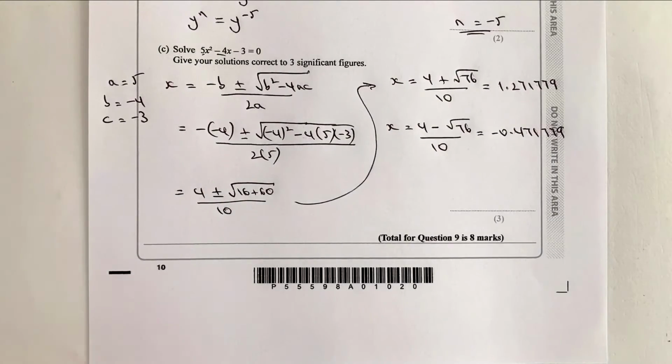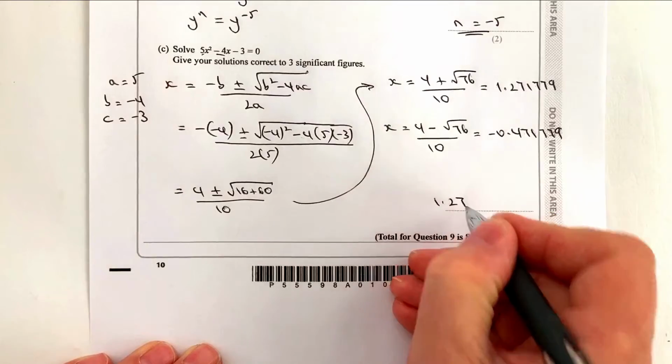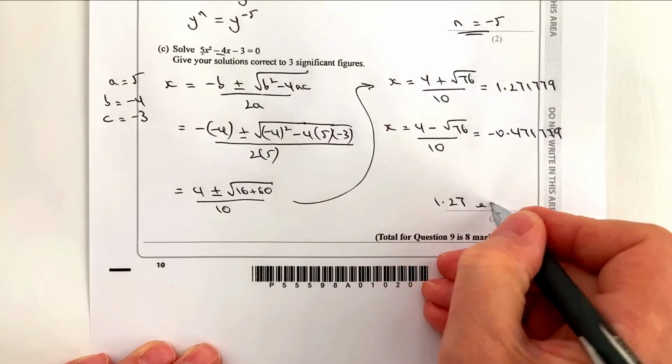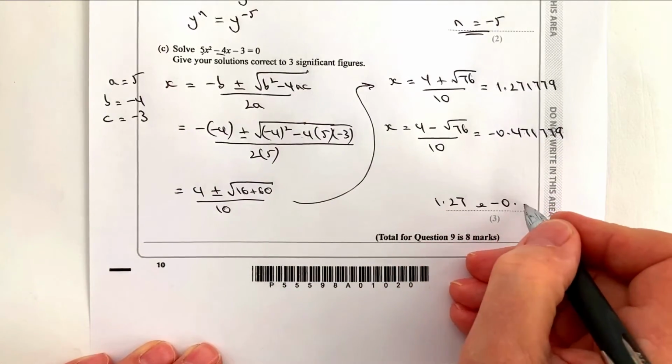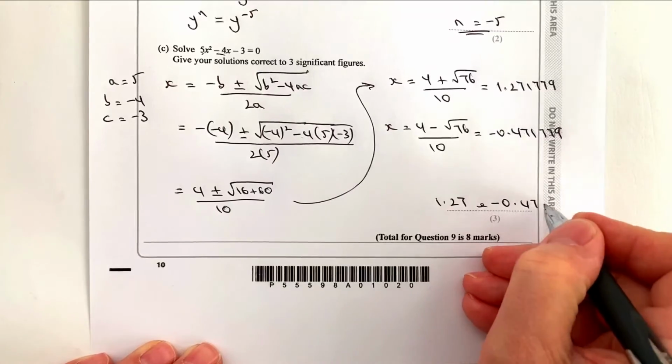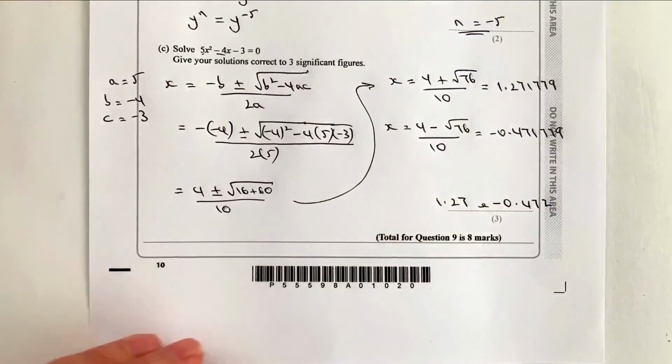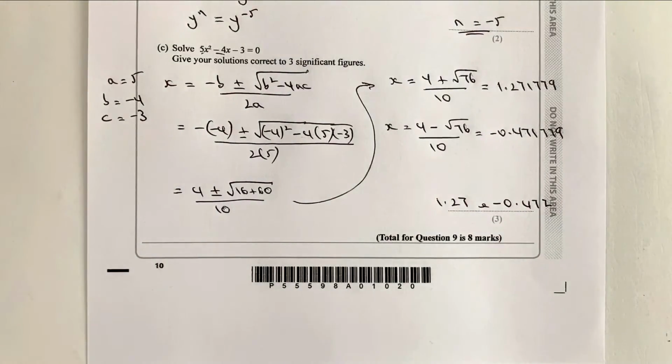So to 3 significant figures, you've got 1.27 and minus 0.47. Okay, so that would be the answer to that particular question. It's worthwhile having the quadratic formula. It used to be printed actually in the exam paper. I know some of them still do that, but I'm not sure all of them do anymore.